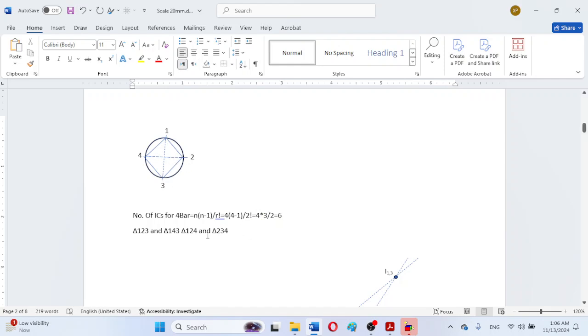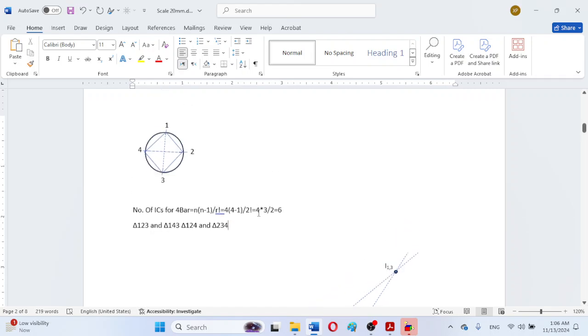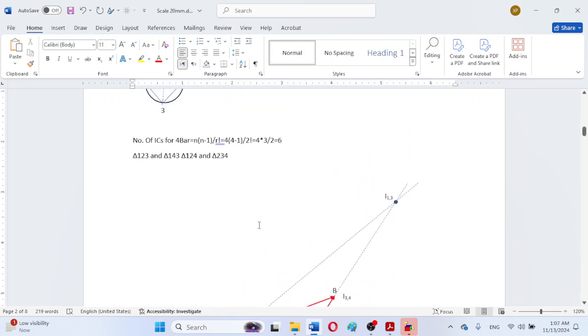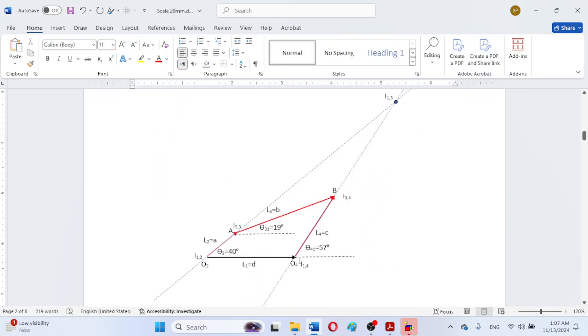In these two trios, we can in a similar manner observe that the third instant center 4 comma 2 will be located on the extension of the line connecting the instant center 1 comma 2 and instant center 1 comma 4. As we can observe, this is the instant center 1 comma 2 and the other instant center is 1 comma 4, here.